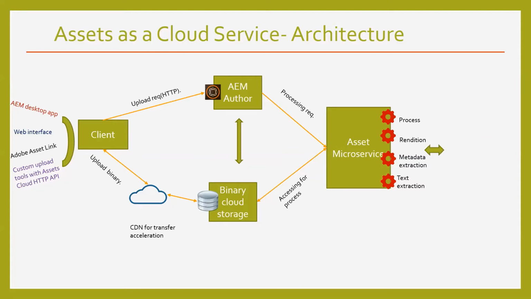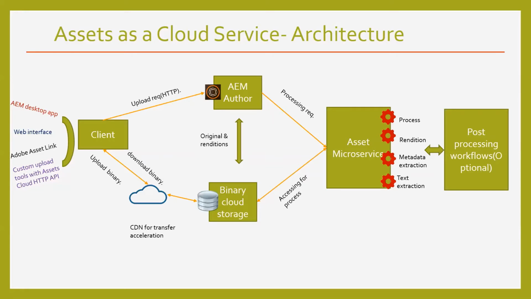So AEM checks if any post-processing workflows are configured. These workflows are custom workflows created to do additional processing which is not done by Asset Microservice. This is an optional step. I will explain about this step later in this video. Once processing is done, the binary can be downloaded. Binary and renditions are kept within cloud storage and it's referenced with AEM.